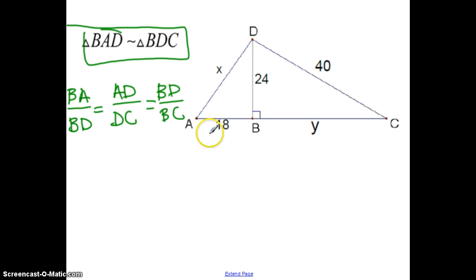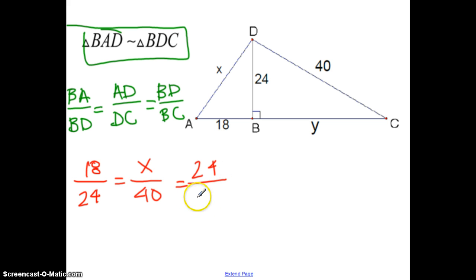If I start filling in these values, I know that BA is 18. BD is 24. AD is X. DC is 40. BD is 24.